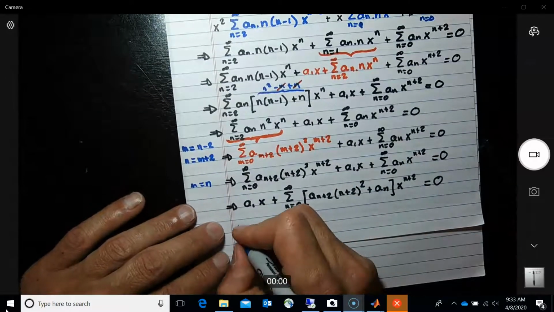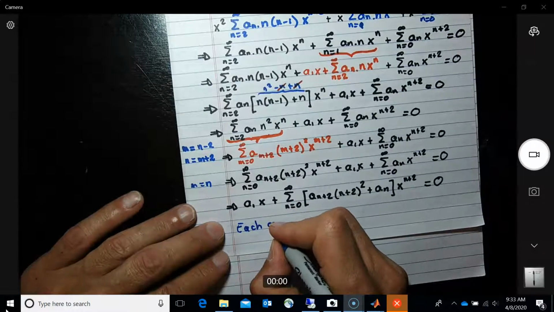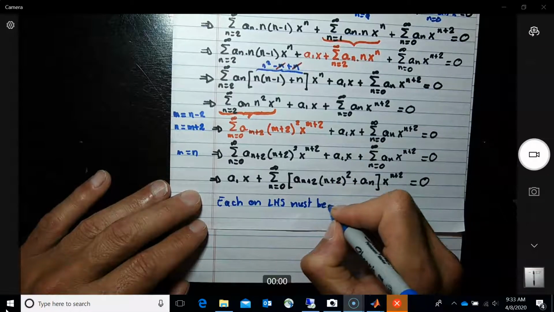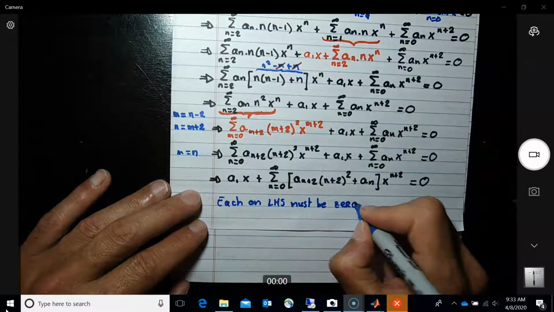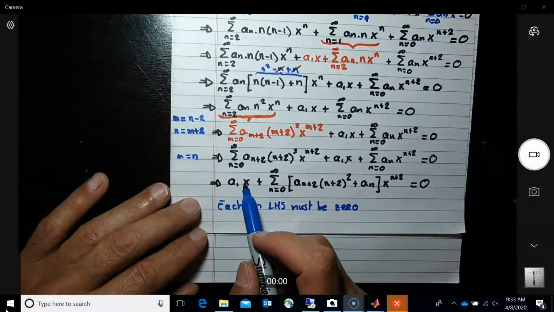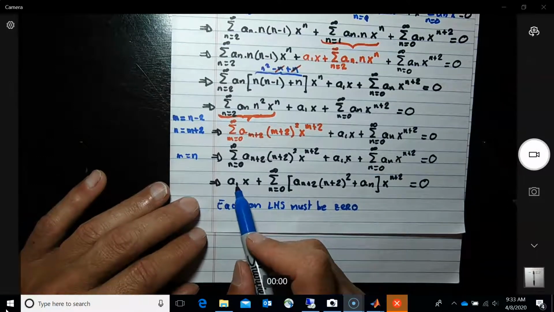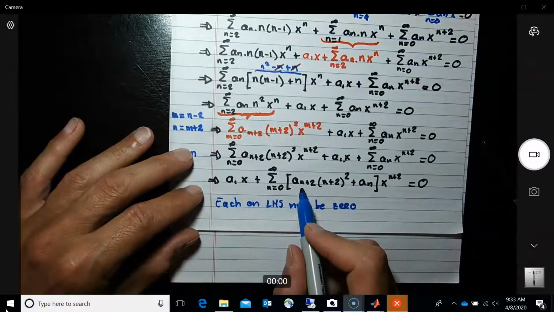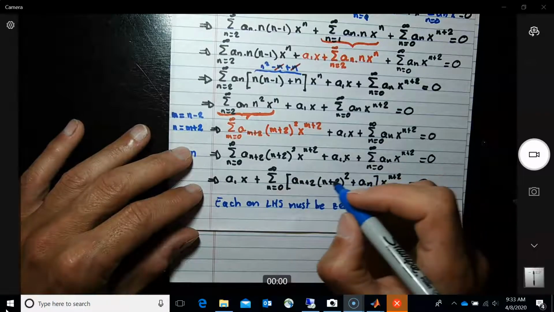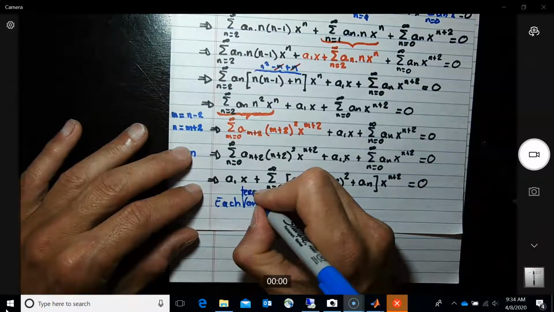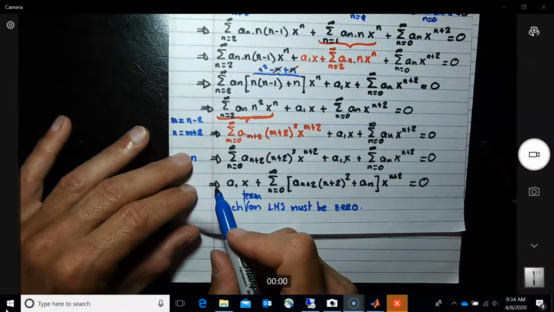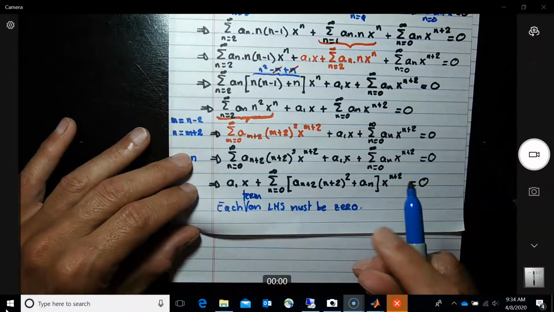Here we know that each term on the left hand side must be 0. In this case we can have x equal to 0, but that's not the solution we are looking for. So a1 needs to be equal to 0, so we can find the recurrence relation. Each term on the left hand side must be 0. So that will mean a1 will be equal to 0, and then the term in brackets will also need to be equal to 0.